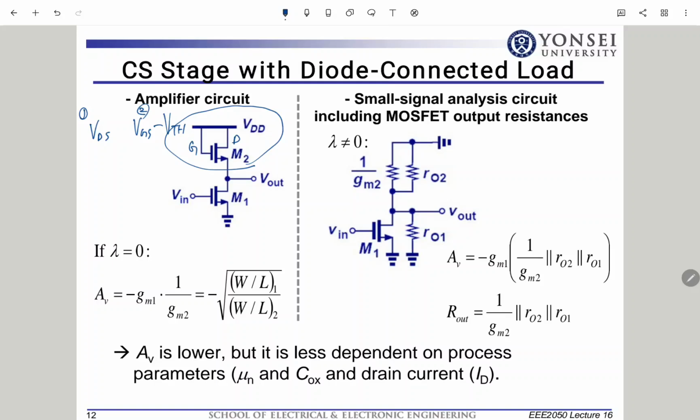That's why VDS is always greater than VGS minus V threshold. So what is happening to M2? It's always in saturation, right?